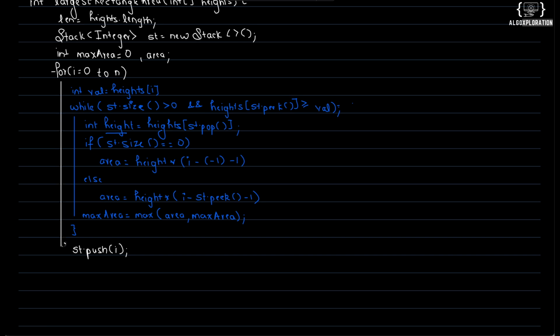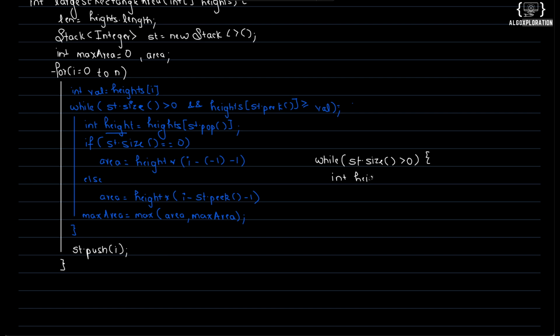Now there will be a case that the stack is not empty. Okay, so you need to pop those elements one by one and find out the area. So let me write it over here. While stack of size is greater than 0, then I need to calculate the height.